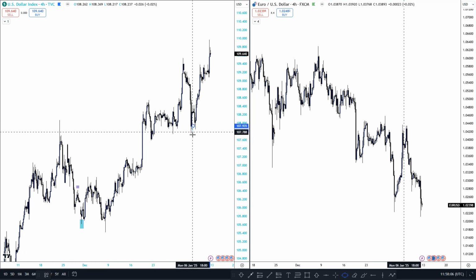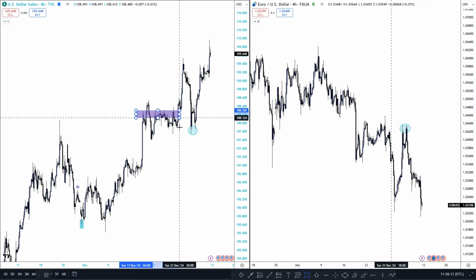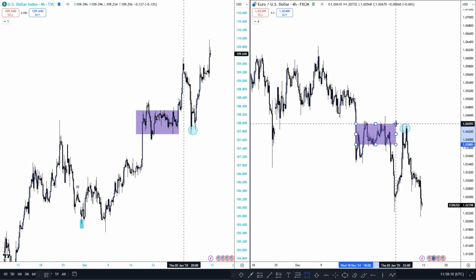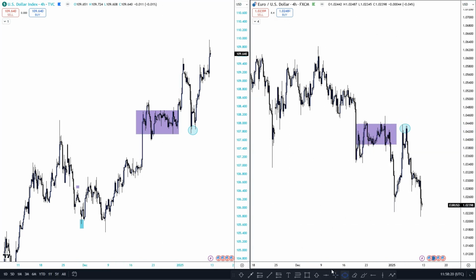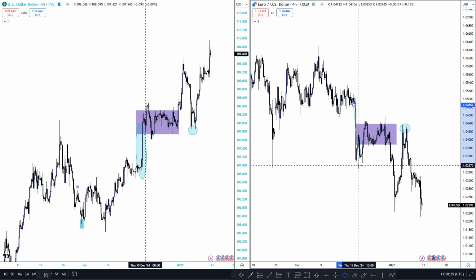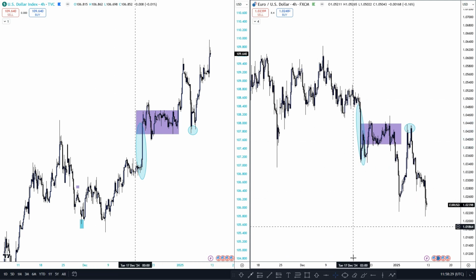So same again, we have the strength area for the dollar. We then have the weakness area for the euro. We had that little bit of range in the market. We had a large move to the upside on the US dollar. We had a large move to the downside on the euro.